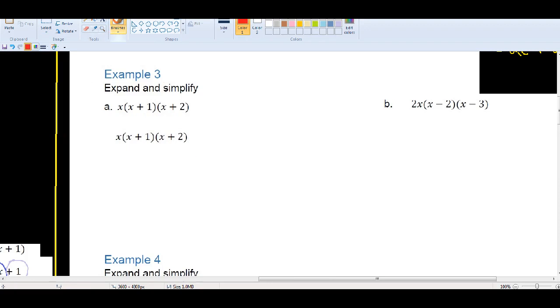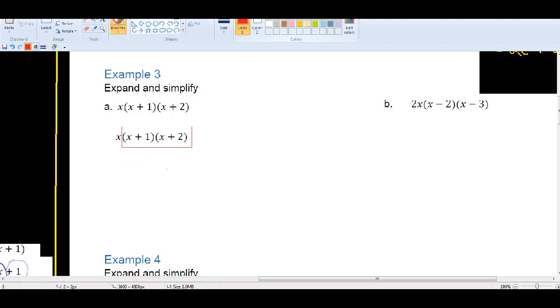My focus will be on the second and third terms. So I'm going to do the binomial multiplication first, and then I'm going back to deal with that x.